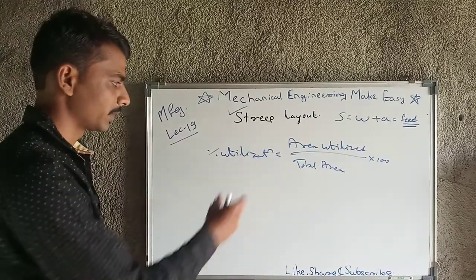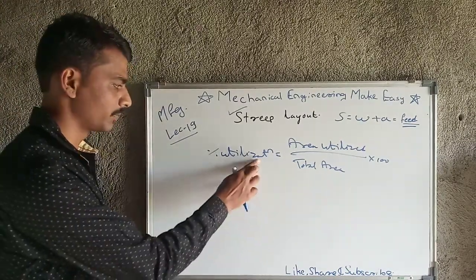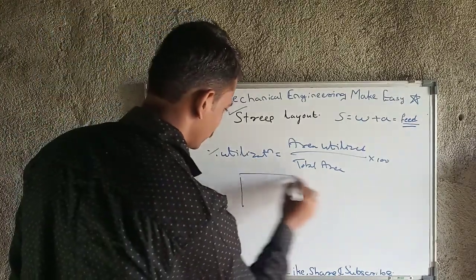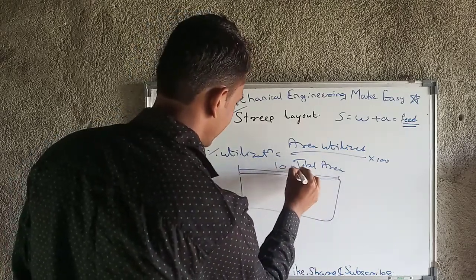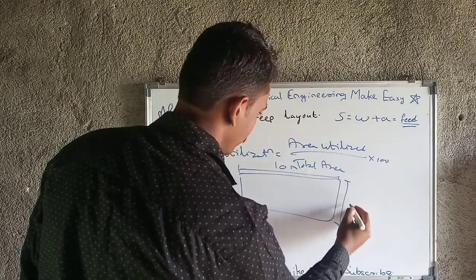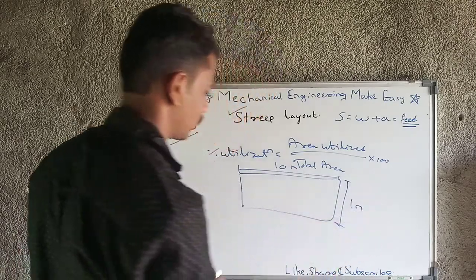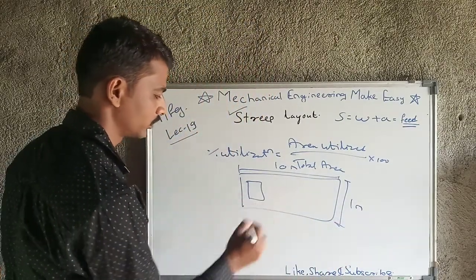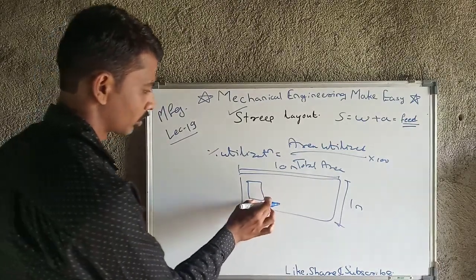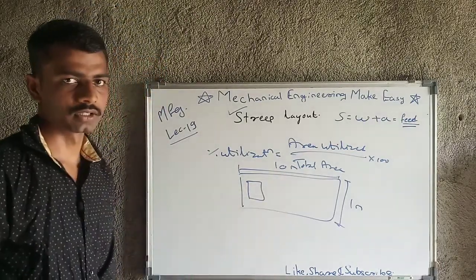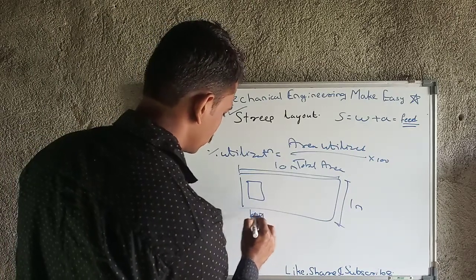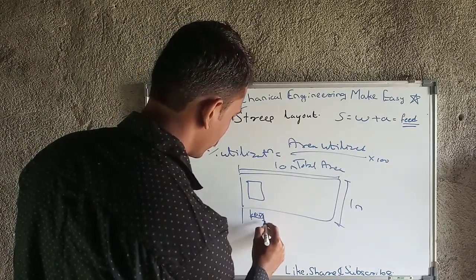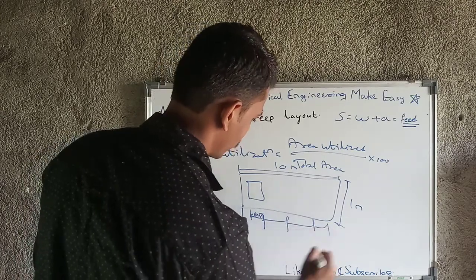How did this formula come? Percentage utilization of area means, for example, there is one rectangular sheet which has a length of 10 meter and a width of, for example, 1 meter. And we have to cut portions which are 0.8 meter by 0.8 meter. So this will be 0.8 meter, and the total will be 1 meter, then 1 meter, 1 meter, 1 meter.